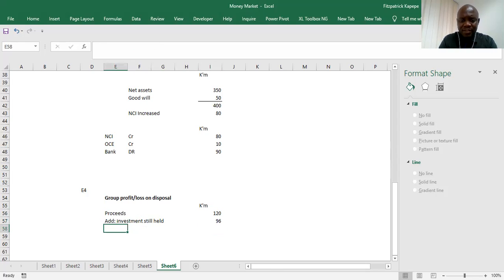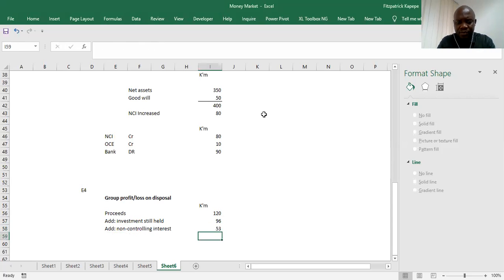Then we'll add NCI. So how much was the NCI? Non-controlling interest was 53.